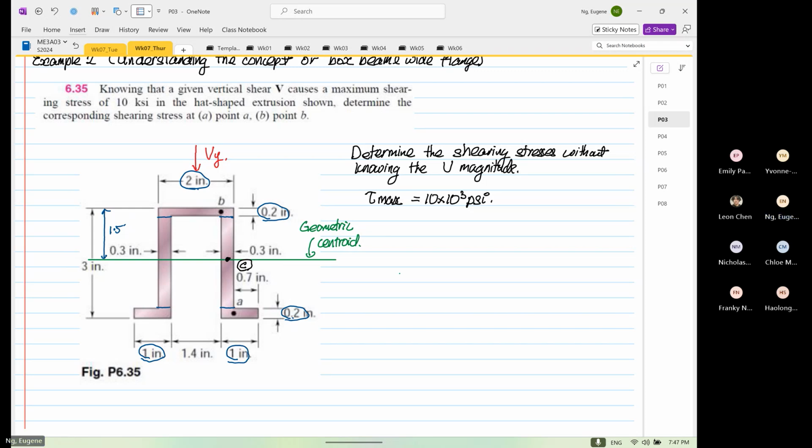Okay. So what we know is that at point A, at point B, and likewise at point C, right? The V over I ratio is a what? Constant. Right? We know that, right?